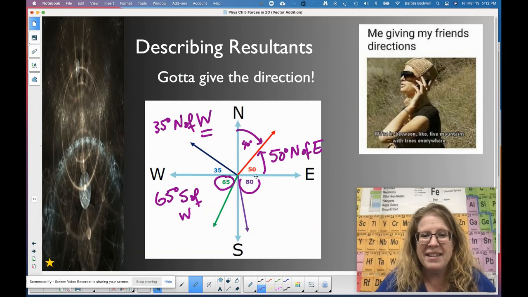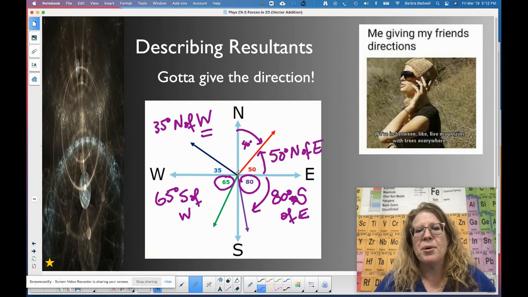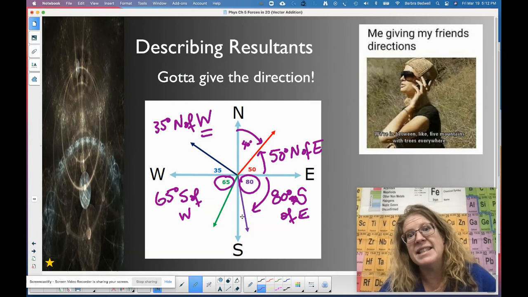And then this one right here, this 80. Okay, how would we describe this 80 degrees? This is not 80 degrees east of south. Oh, sorry, I've got to draw an S. South of east. There we go. So again, I'm going east. I'm turning 80 degrees south of east.